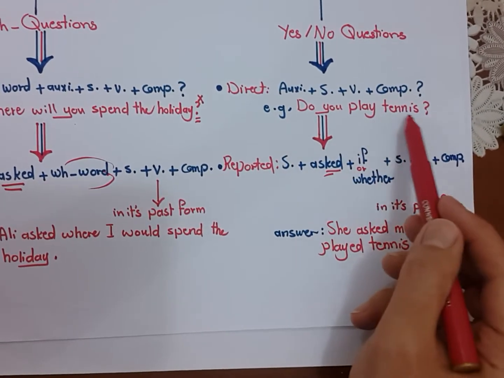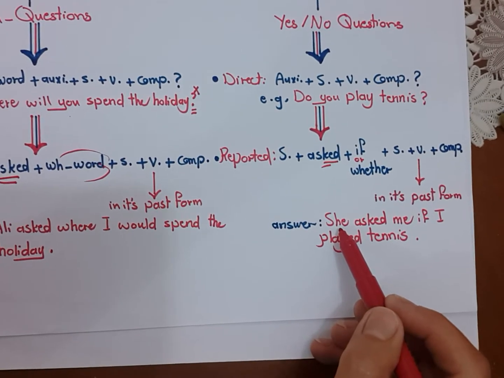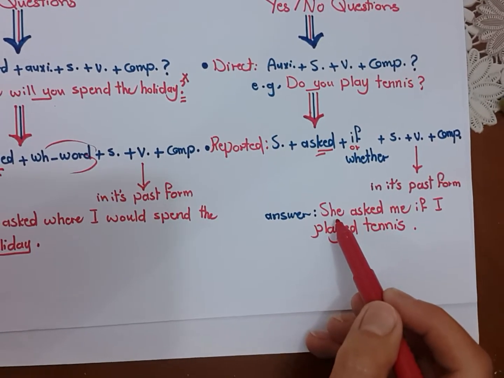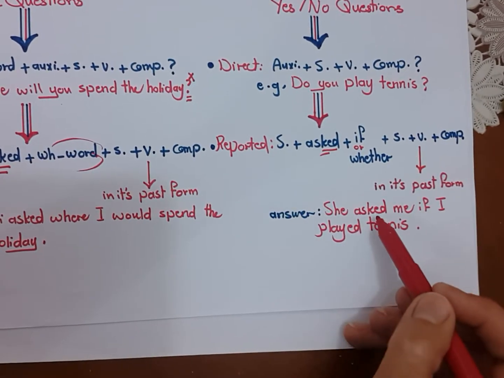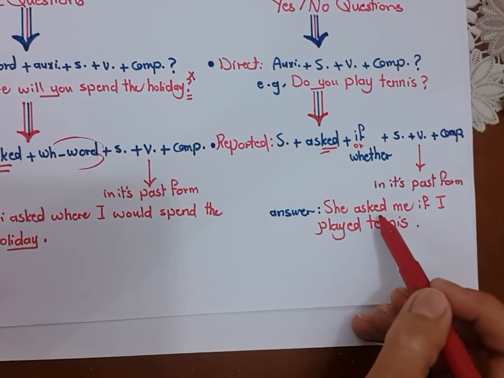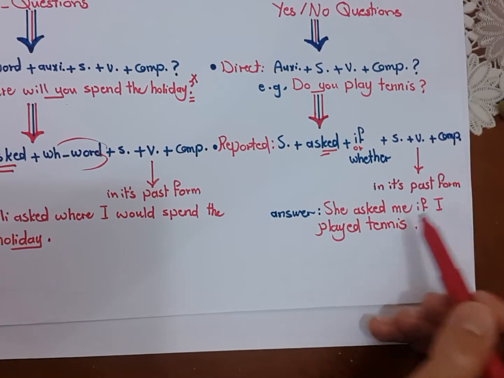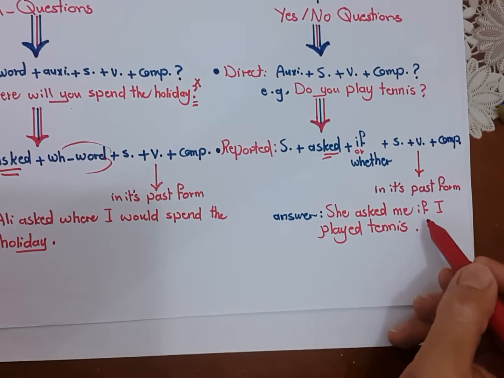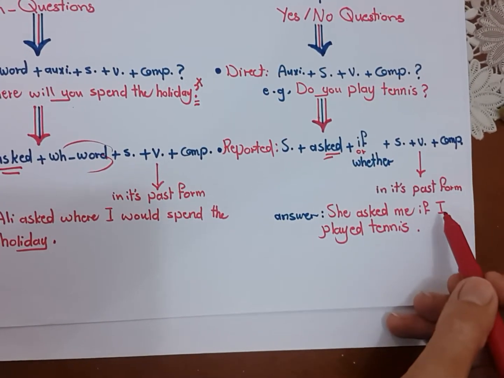So, do you play tennis? She, suppose that the subject is she. You can use whatever subject you like because it's not mentioned in the question. Asked, as in the rule, you can use me, for example, her, etc. If, because we have a yes/no question.